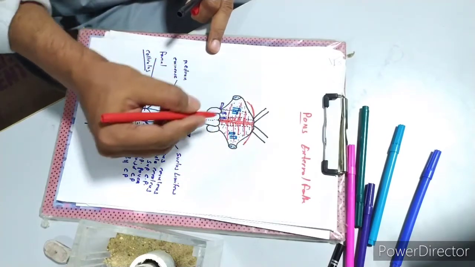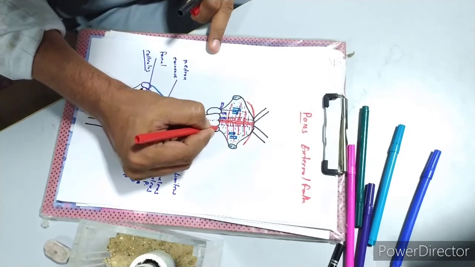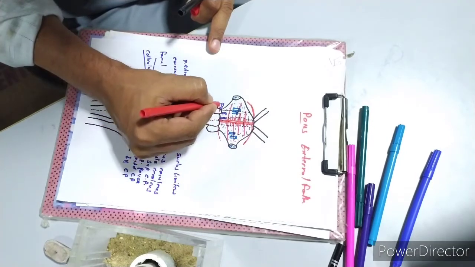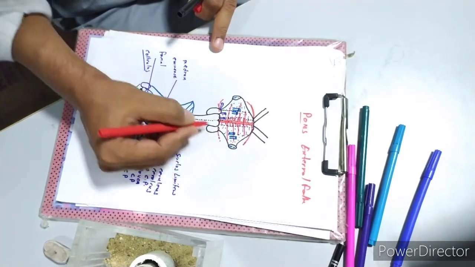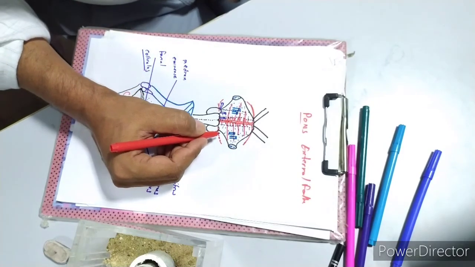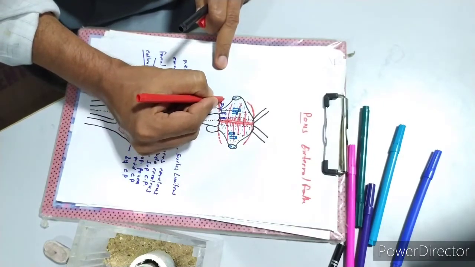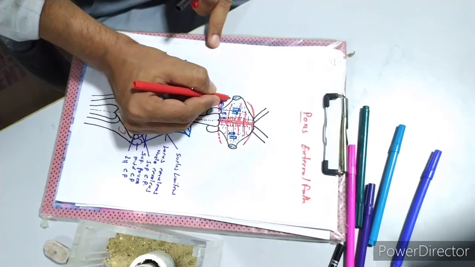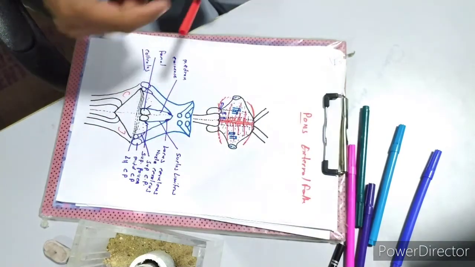Along with this, it is also supplied by the anterior inferior cerebellar artery, which supplies the lowermost part of the pons. Okay, so this is the arterial supply of the pons.